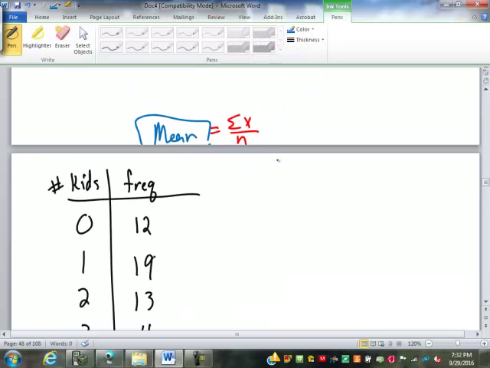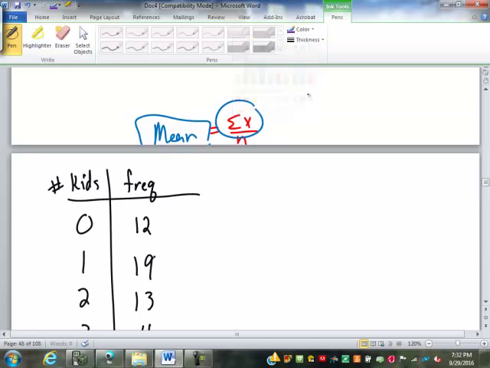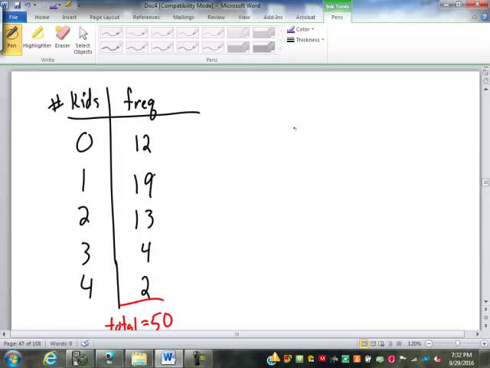Now to find the total, adding up each value, is not as difficult as it looks. How many zeros are there? 12, right? Well, 12 zeros adds up to a total of 0. So I'm taking the number times its frequency. 0 times 12 is 0.